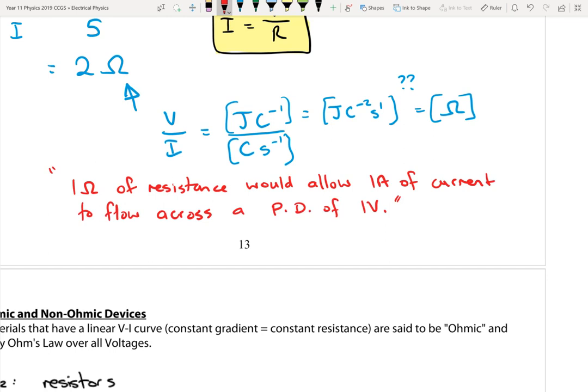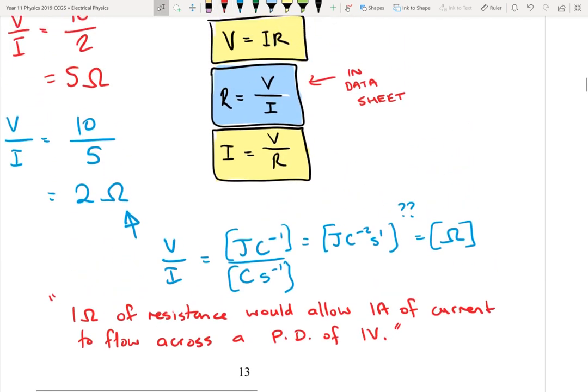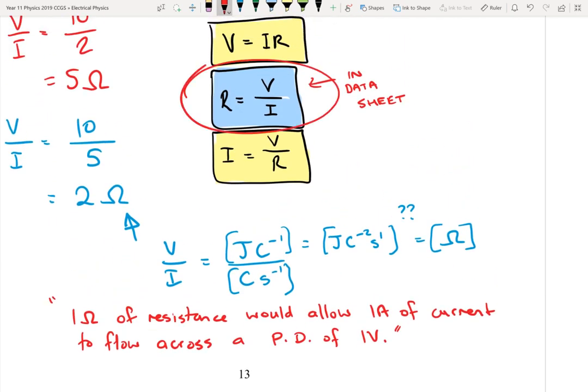If you applied 1 volt of potential difference across and you got 1 amp of current flowing through, that would be a resistance of 1 ohm. Okay? But basically, I'm just saying that, you know, R equals 1 over 1.